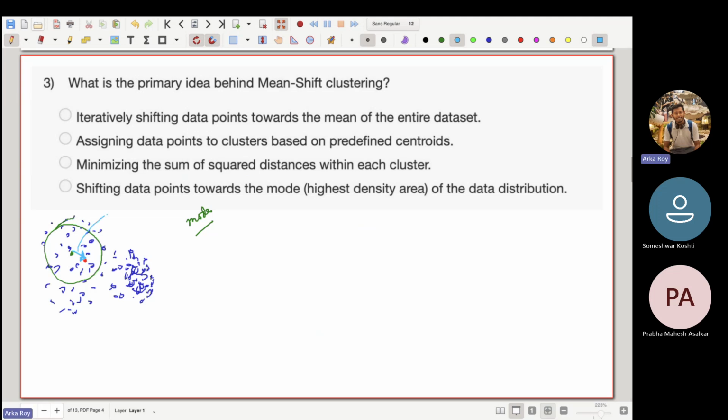So here you are doing the mean shifting of the window function to the mode of the data. From the center of the window, you are moving to the mode of the data where the data is densely packed. So this is effectively what mean shift clustering means.